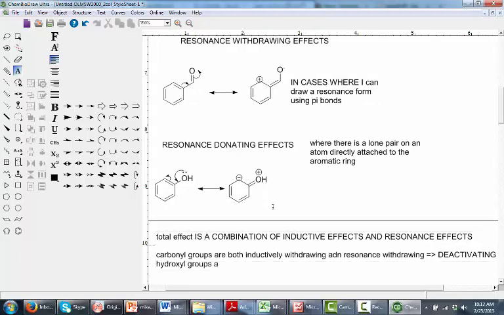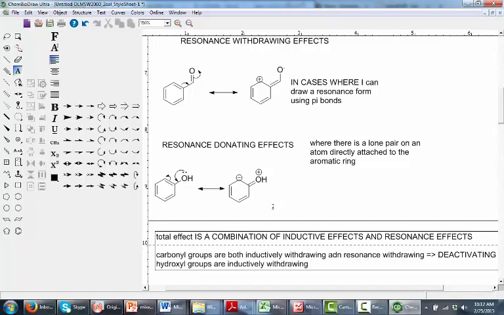Hydroxyl groups, on the other hand, are inductively withdrawing. That's because the OH is an electronegative atom, but resonance donating, and overall they are activating. That's because the resonance donating effect dramatically overwhelms the inductive withdrawing effect.